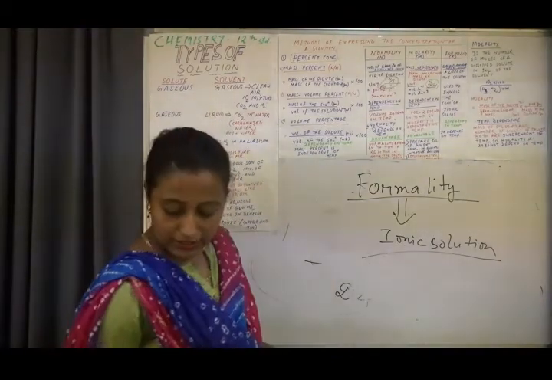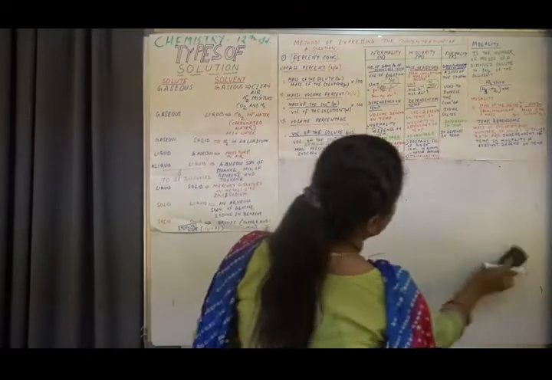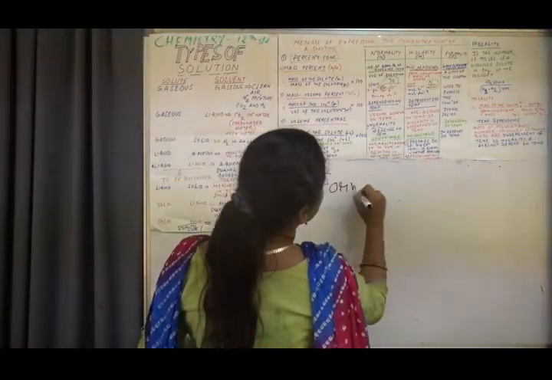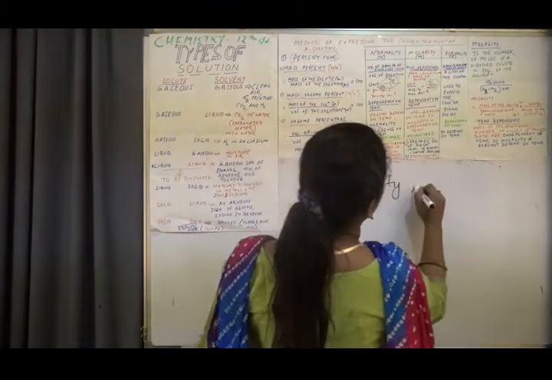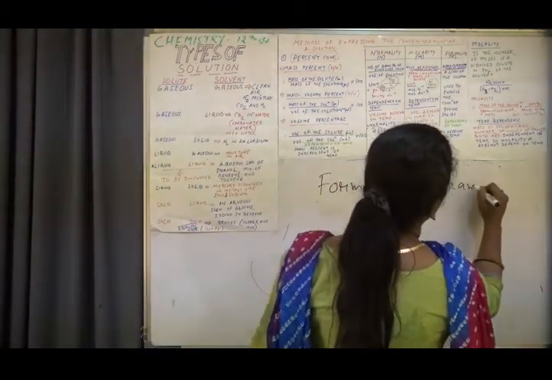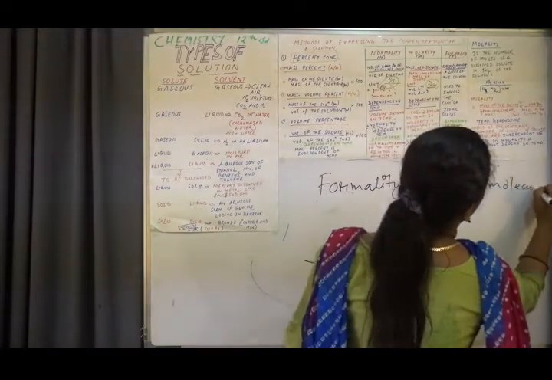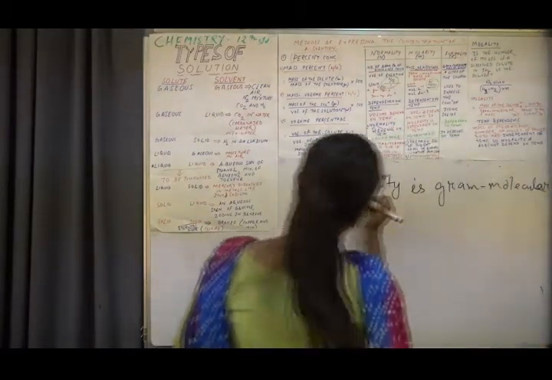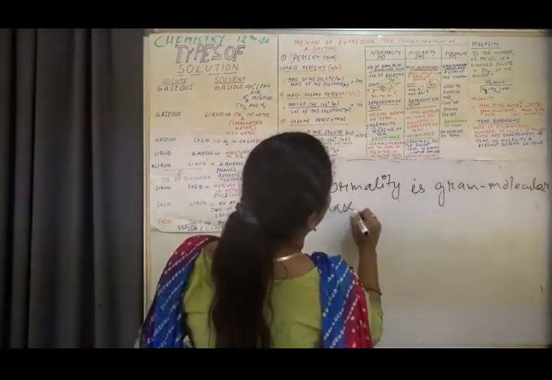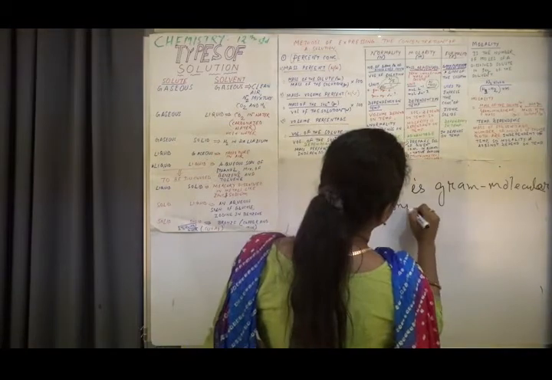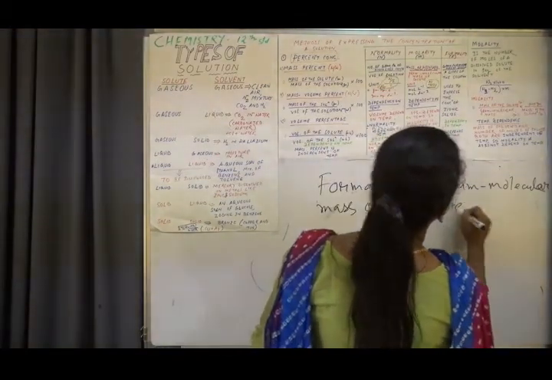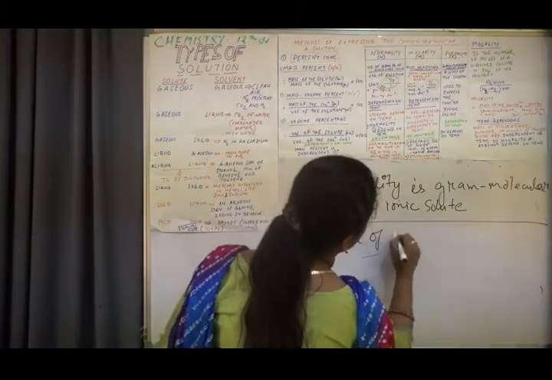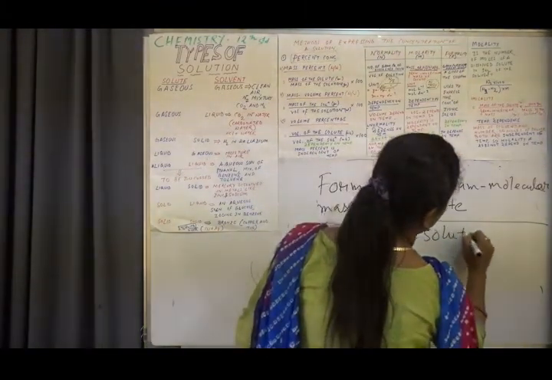What will be the definition of formality? Formality is the gram molecular mass of the ionic solute per liter of the solution.